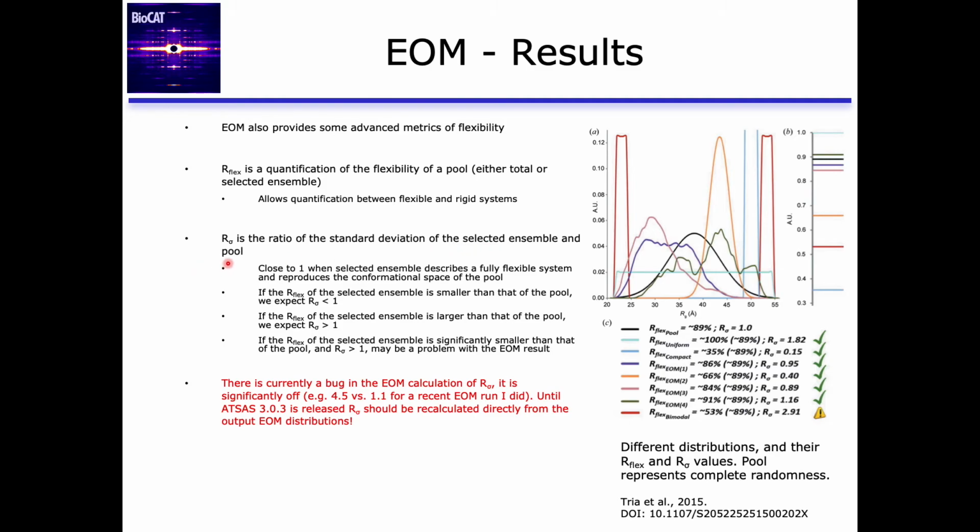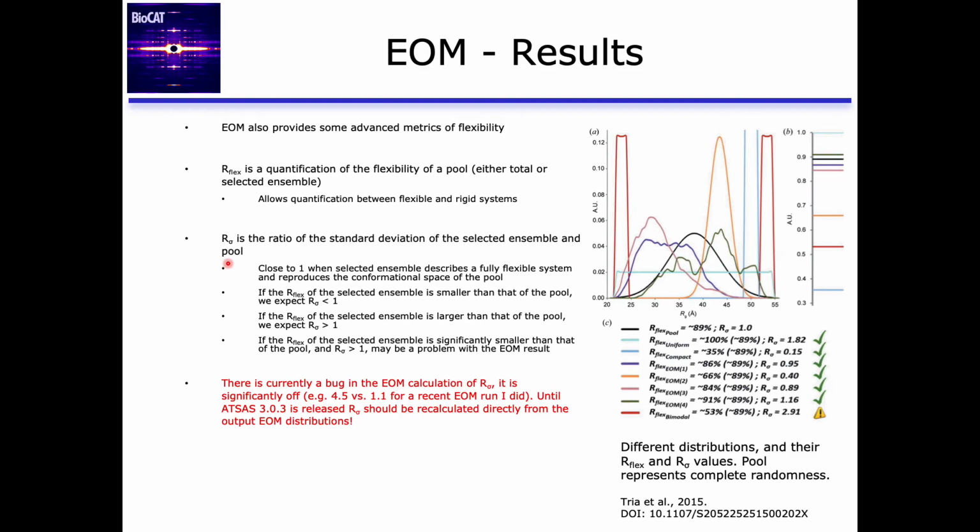If you think about it, if your selected ensemble is the same as the pool, it reproduces the initial distribution, R sigma should be 1, because the distribution of sizes in your selected ensemble is the same as the distribution of sizes in your full possible set of conformations.